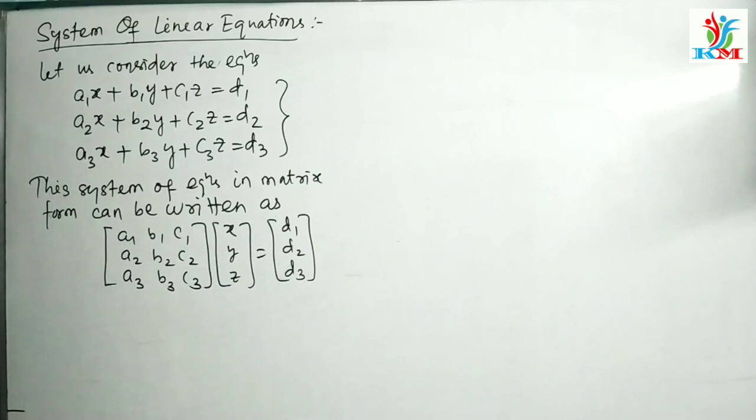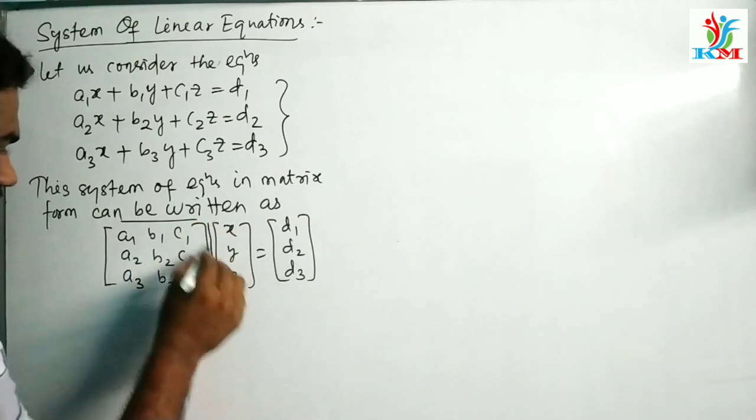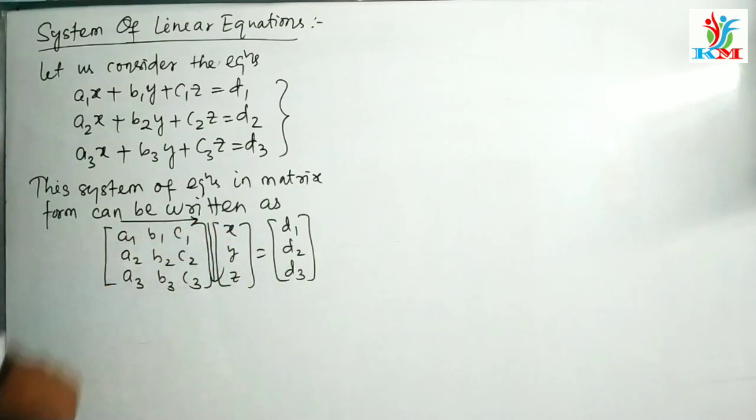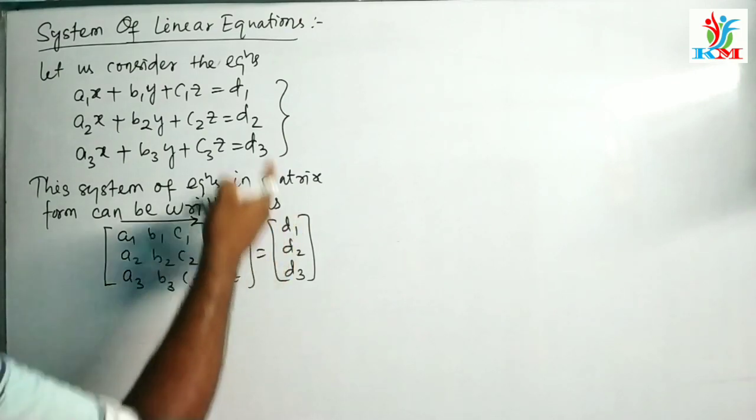If we multiply the first row of the matrix, a1 b1 c1, with x, y, z, we get a1x plus b1y plus c1z, which is equal to d1.